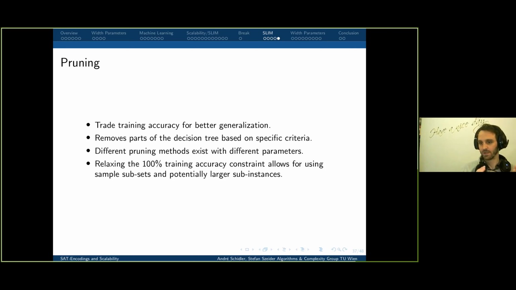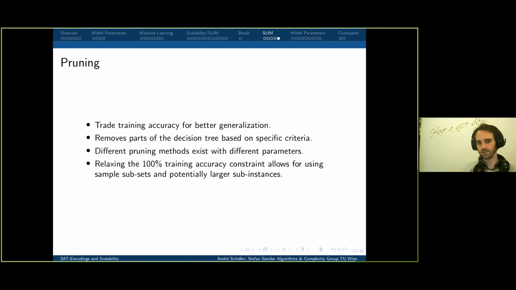Now we can just throw away some samples, and we have more chances for improvement. But the bad news is that now you have a lot more hyperparameters that you can tune. How many samples do you throw away? How do you select the samples you throw away, and so on? These are all questions that currently pop up, and we are trying to solve.